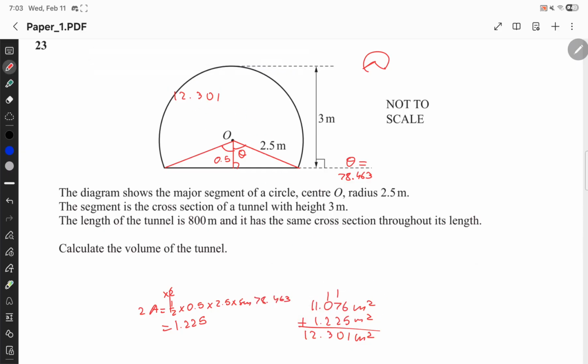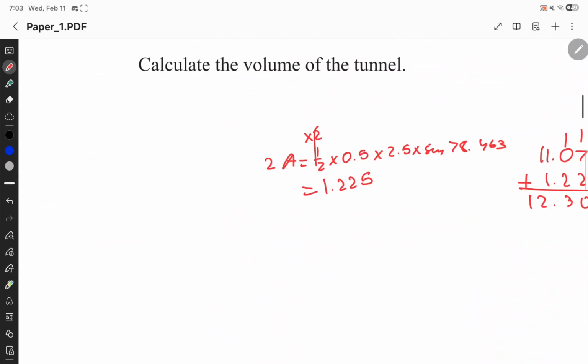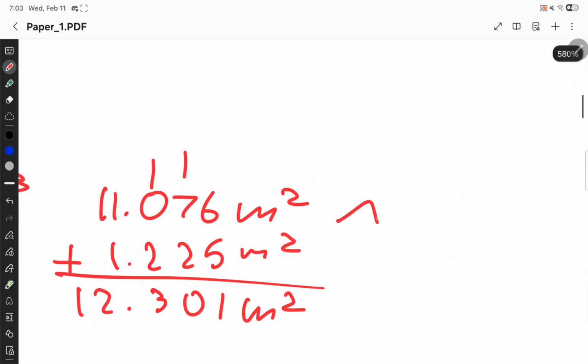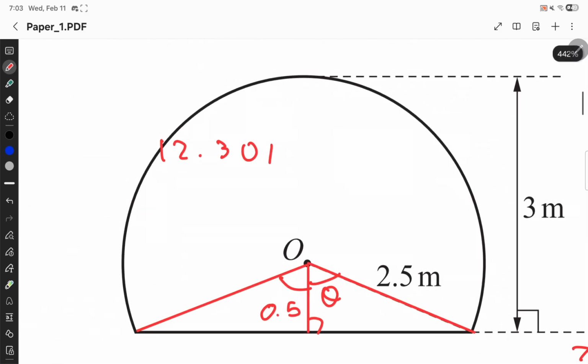Next we have the length of the tunnel left. Okay, we finally found the cross-sectional area, and the last step is to multiply it by 800.